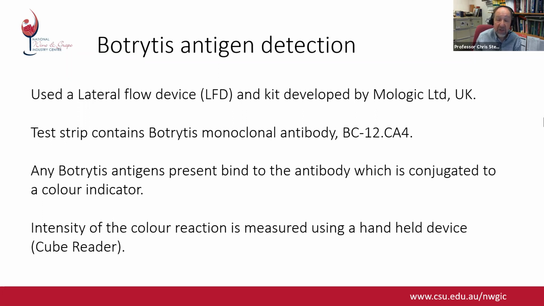And so if we have antigens to Botrytis in the sample, they bind to the antibody, and this colour indicator changes colour, and the intensity of the colour can then be measured and gives us a quantitative indicator of how much Botrytis is present. How this newer kit differs from some of the older ones is that we've got actually a handheld device which allows you to take it to the field.